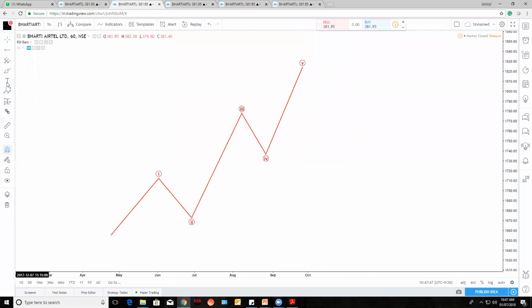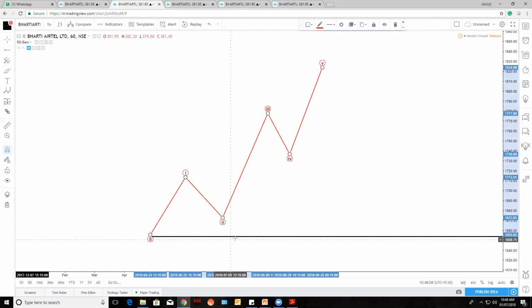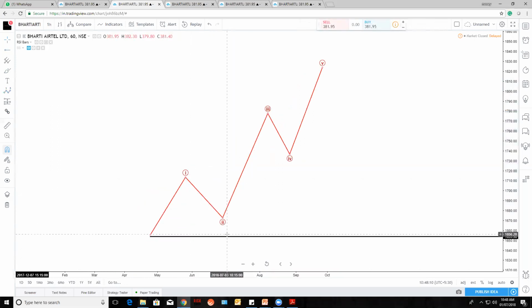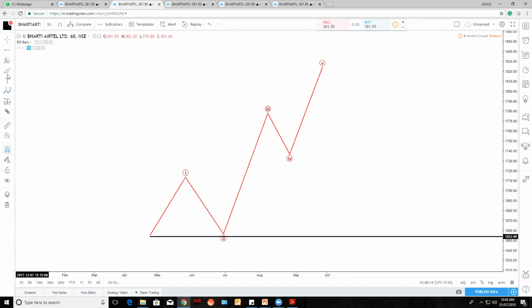What is rule number 1? Wave 1, then wave 2, wave 3, wave 4, and wave 5. Wave 2 never exceeds the starting of wave 1. What does it mean? It can retrace up to 99%, but not 100%.